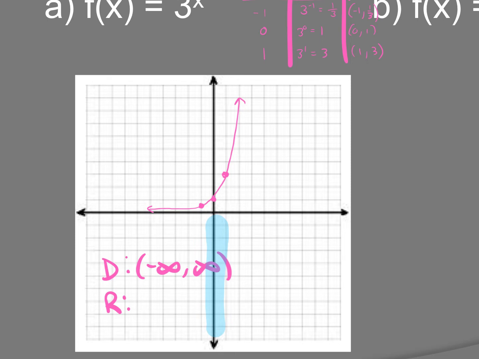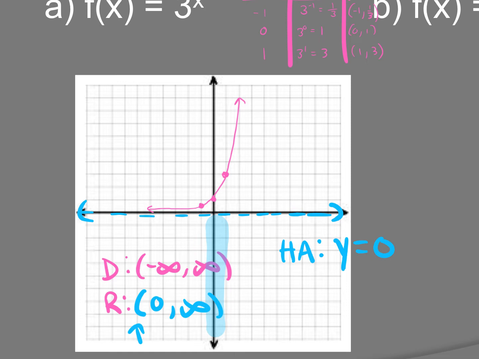So our smallest y value here would be 0, but we don't touch 0 because 0 is actually our horizontal asymptote. So we could say our horizontal asymptote is y is equal to 0. And our range, again, our graph gets really, really close to 0 but never touches, so we have a parentheses 0 to infinity. Parentheses because we never touch 0.